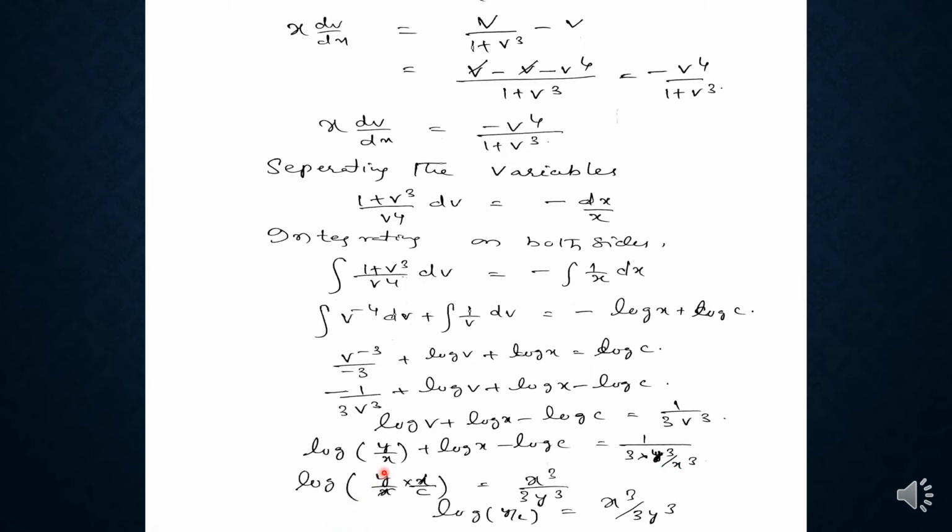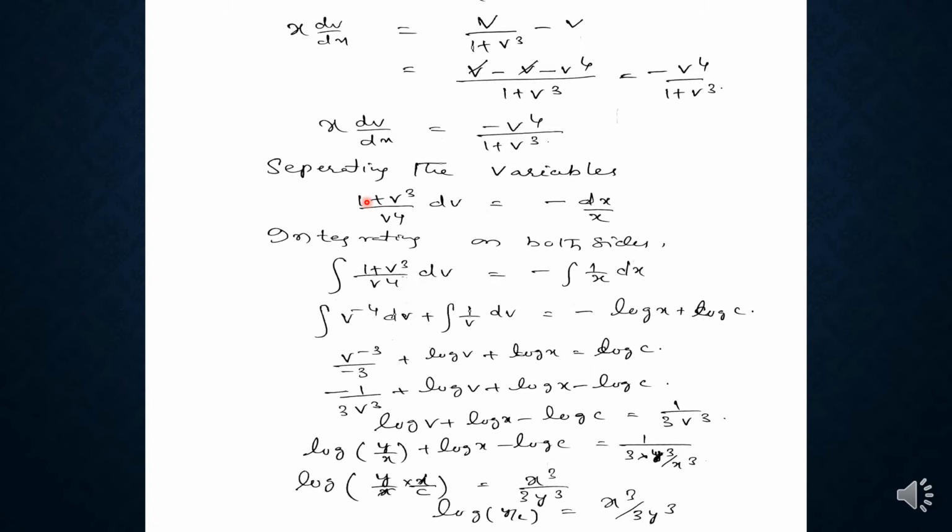Log of y by x into x, here log a plus log b means log of a into b, that is y by x into x, minus log c means divided by c, that is y by c is equal to x cube by 3y cube. So this can be written as log y by c is equal to x cube by 3y cube. This is the solution for the given differential equation.